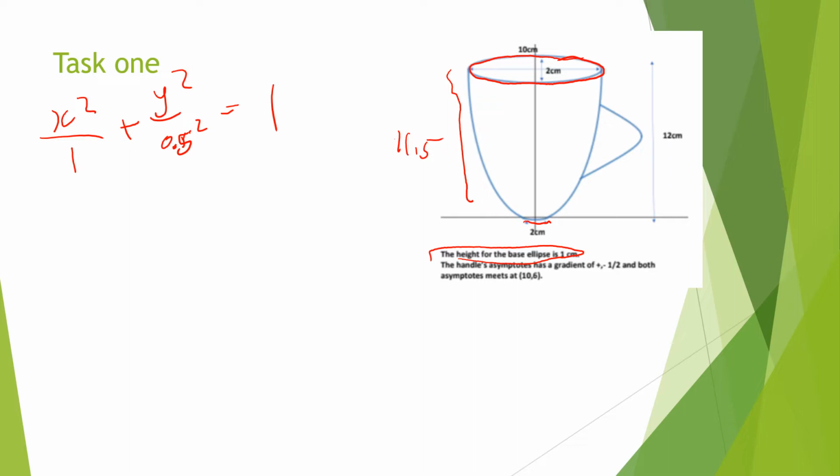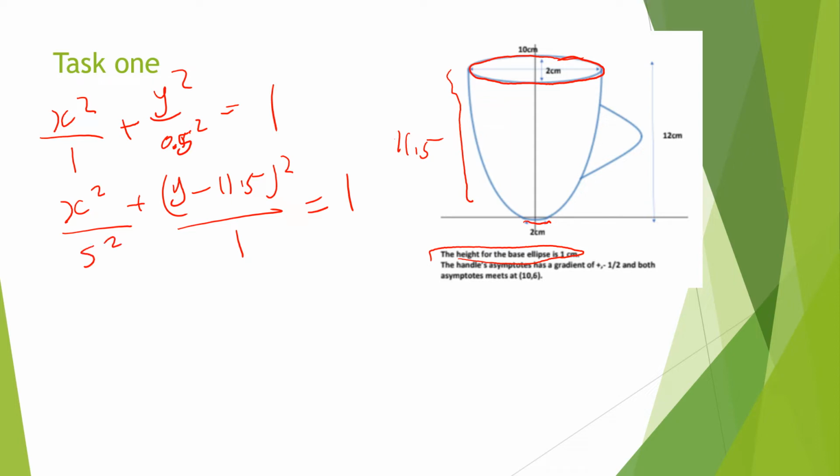So the equation for the top ellipse is x squared over 5 squared plus (y minus 11.5) squared over 1 squared equals 1. The b for that is 1 and the a for that is 5.